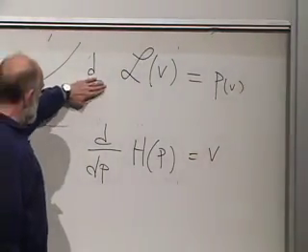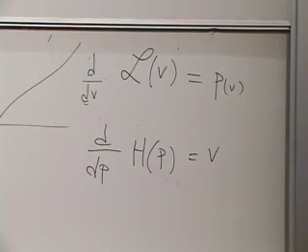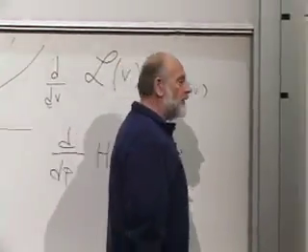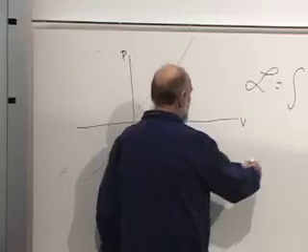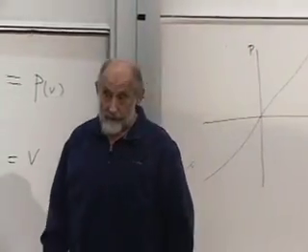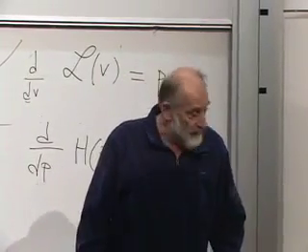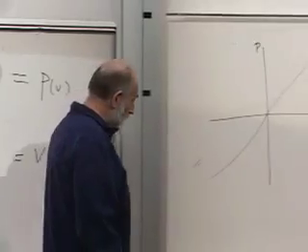Is that a definite or indefinite integral? Okay, that can be taken to be a definite integral, and for definiteness, let's take it to be the integral from 0. But it doesn't matter where we take the integral from; for definiteness, take it from v equals 0.